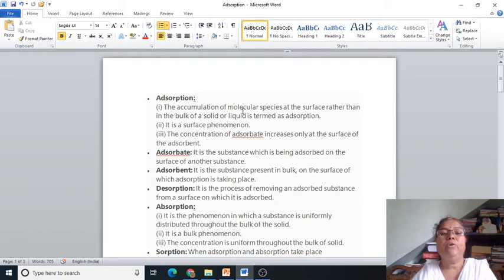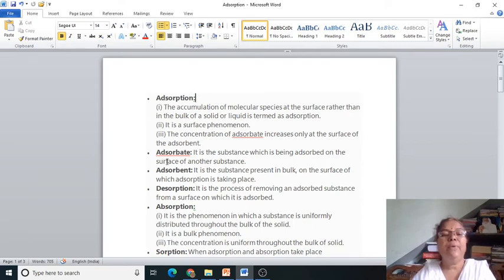Then the accumulation of molecular species at the surface rather than in the bulk of solid or liquid is termed as adsorption. Then adsorption is a surface phenomenon. Remember well, the concentration of adsorbate increases only at the surface of adsorbent.